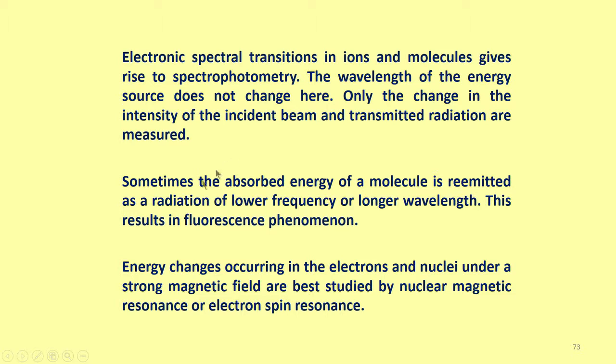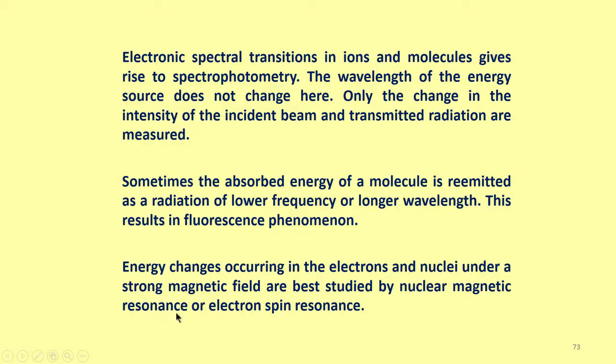These two are again specialized techniques, not really useful for routine analysis, but for research purposes they are very useful. That is NMR, nuclear magnetic resonance, or electron spin resonance. Both of them address different aspects naturally.